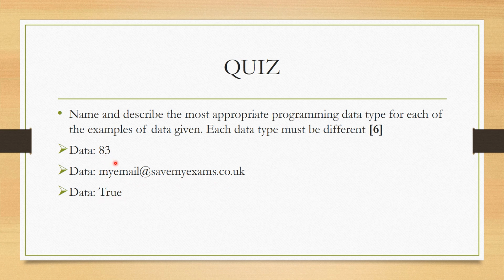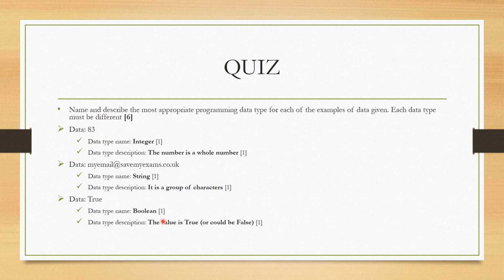So 83 is a number, so you should know that a number always comes in integer, and this is a combination of characters, so it means it can be a string. And this is true, so you know that there is only one data type which can hold either true or false. So this is boolean data. I hope this is clear. This way you have to mention data type and data type description.